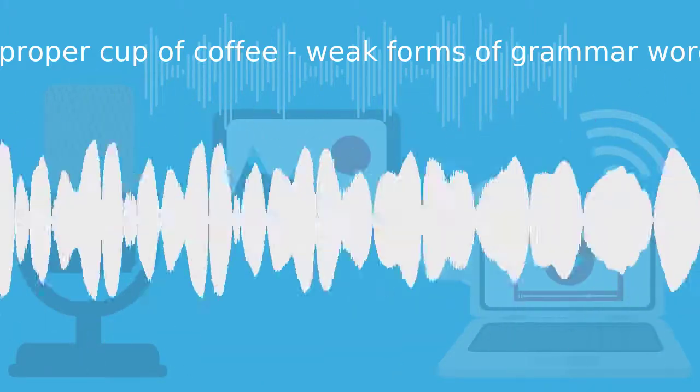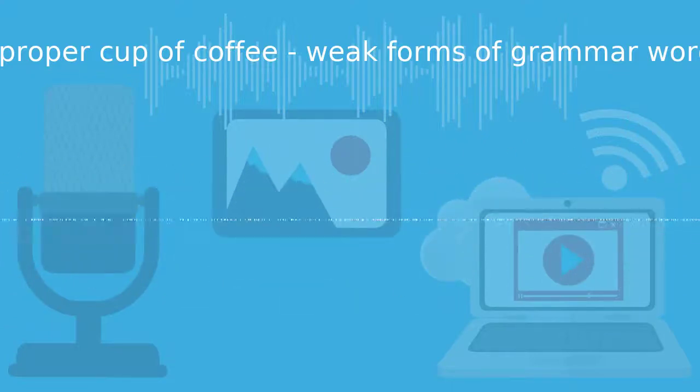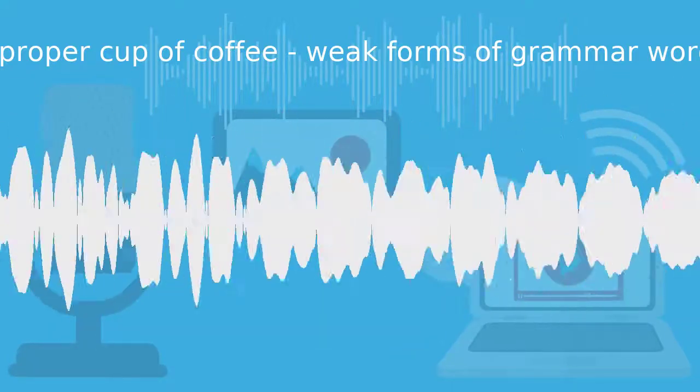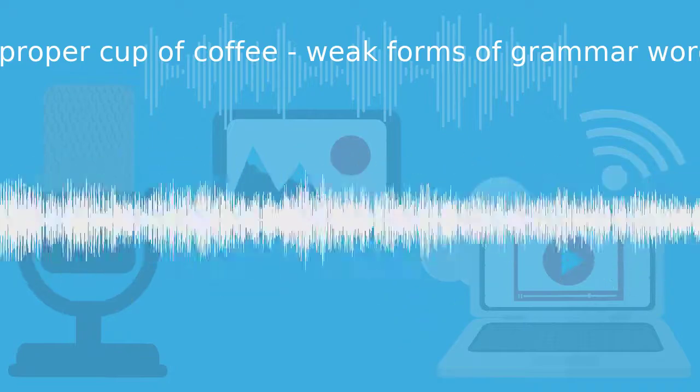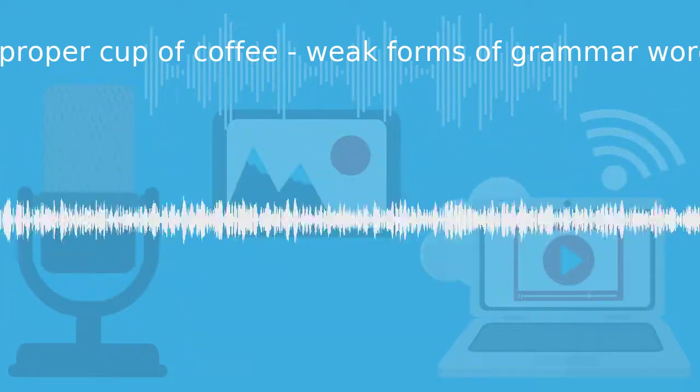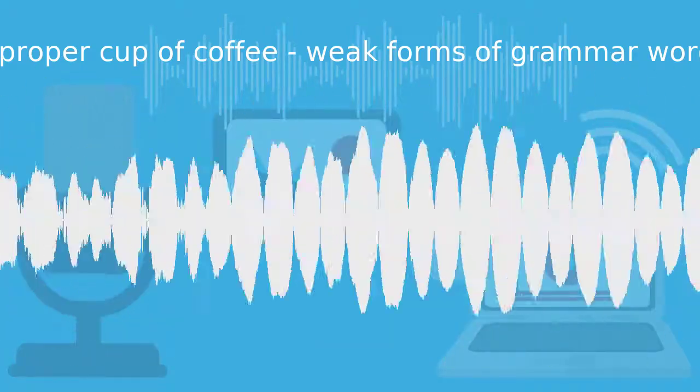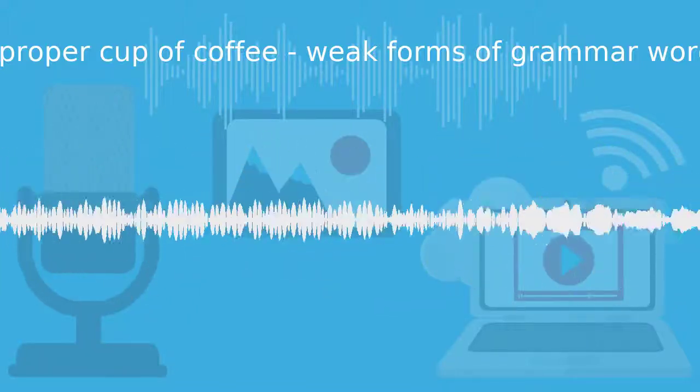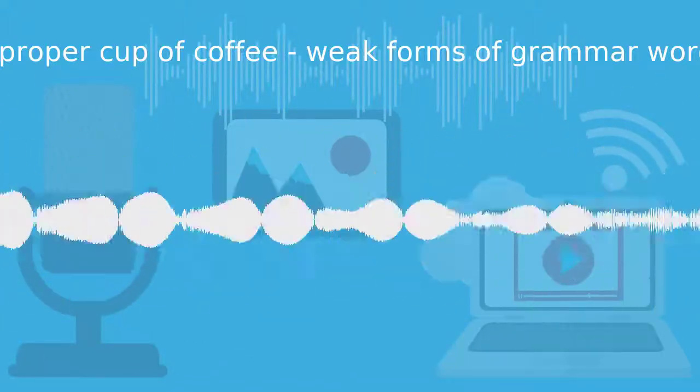In other words, the nouns and adjectives. The grammar words are the article a and the prepositions of and in. These words are necessary to hold the sentence together grammatically, but aren't as important in terms of transmitting meaning.